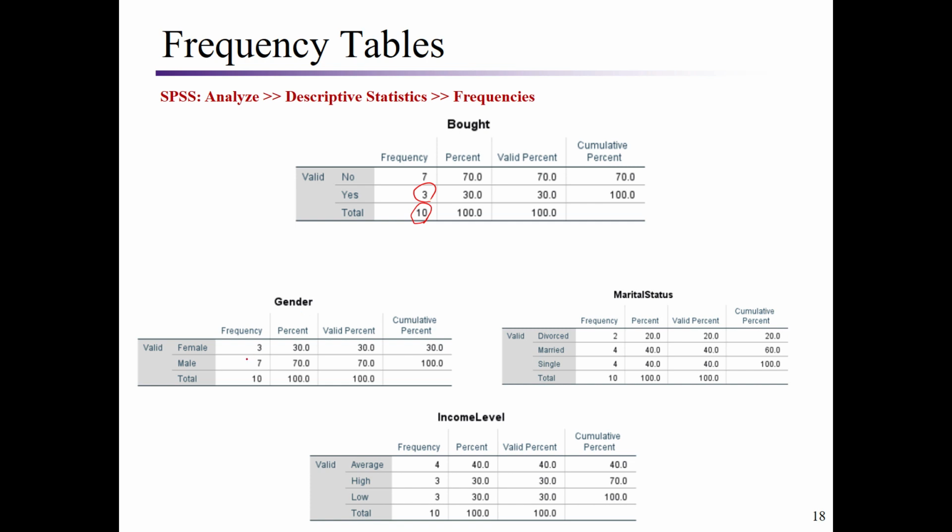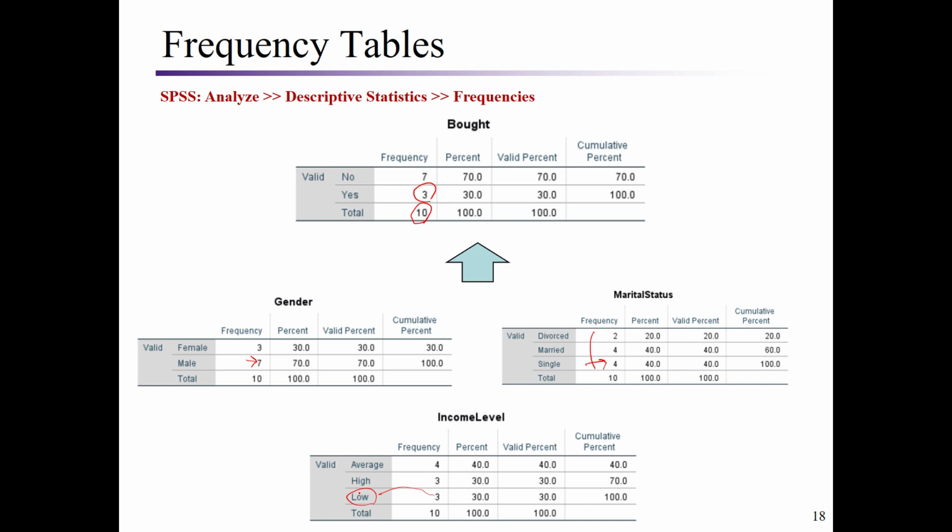In case of gender, 7 customers are male, and you can check the frequency of marital status. For example, 4 customers are single. In terms of income level, 4 customers are low level, something like that. So we can check the frequencies of each discrete variable in this way, and we will practice SPSS next time.